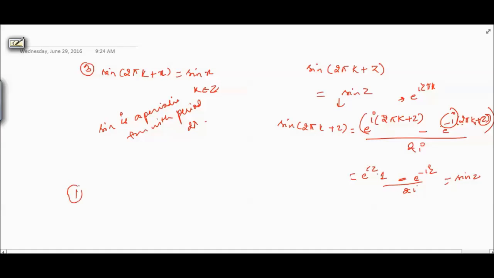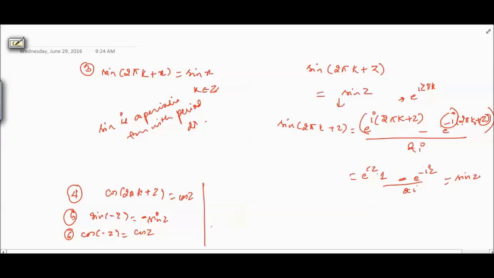Similarly, you can prove many identities. I will just write those identities here. You can prove them yourself. The first is cos(2 pi k + z) is cos z. It means that cos is a periodic function with the same period as in the case of real functions. Then sin(-z) is equal to minus sin z, that is, sine is an odd function. Then cos(-z) is equal to cos z, that is, cos is an even function.